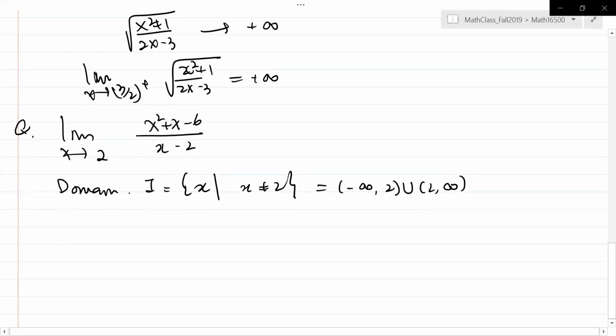So when you plug in 2, you cannot evaluate the function at 2 in order to find the limit. 2 is not in the domain of the function. So you have to find different ways to find the limit.